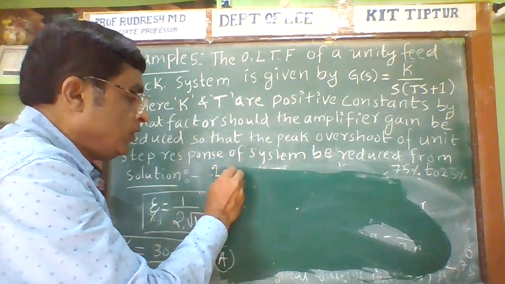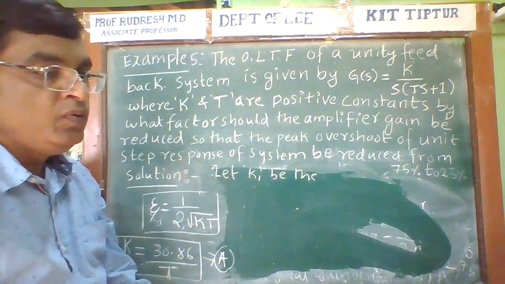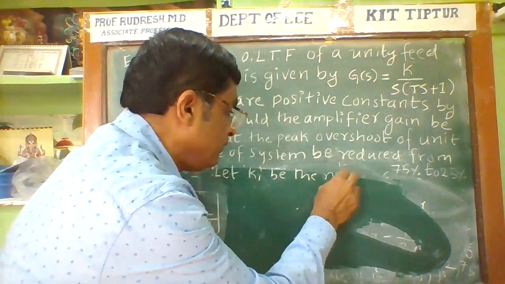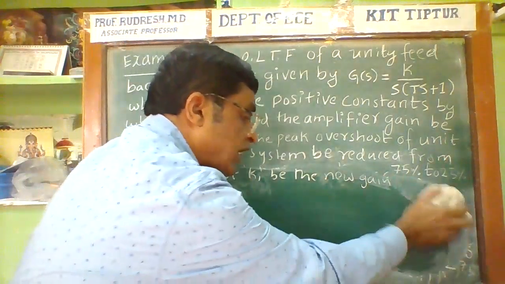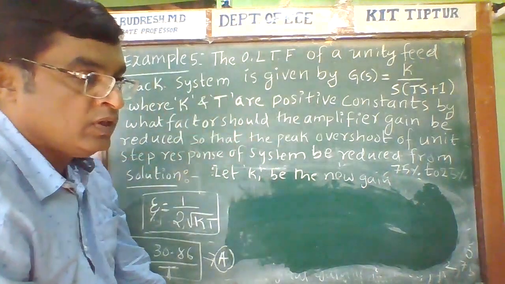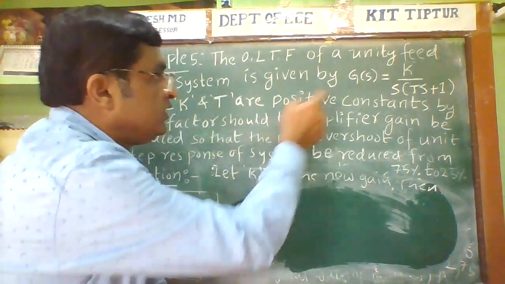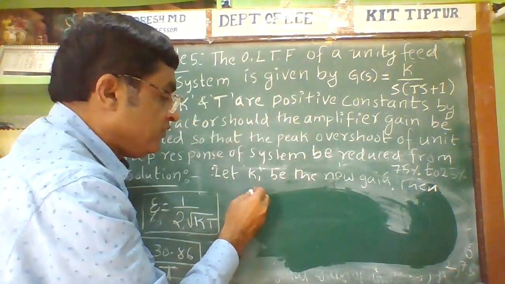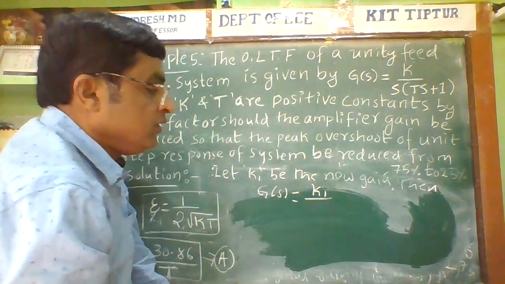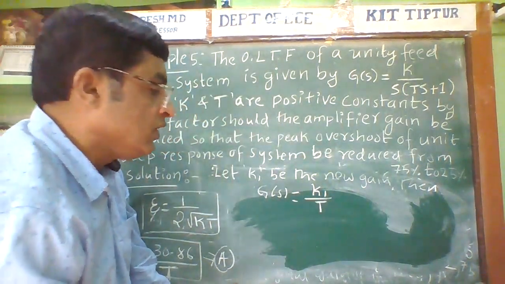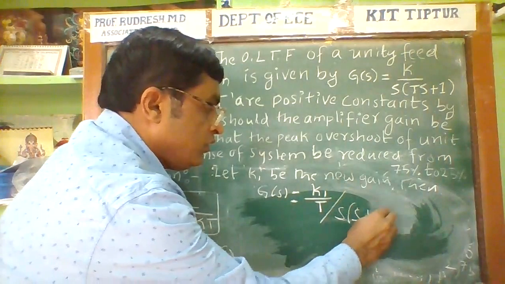Let K1 be the new gain. Then the open loop transfer function G(S) is equal to K1 divided by S into S plus 1 by T. Instead of K, we need to consider K1.